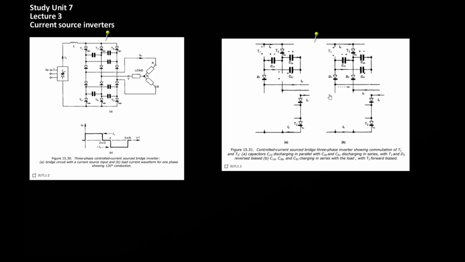Once again, these types of inverters are very useful for very high powers, and by making use of these capacitors, it is possible to reduce the stresses which would normally be present on the semiconductor devices if the capacitors were not present. The reason the capacitors do this is because they provide a source of energy which can be supplied to the load, and they also help suppress any transients which would occur during the commutation process when switching from one semiconductor to another.